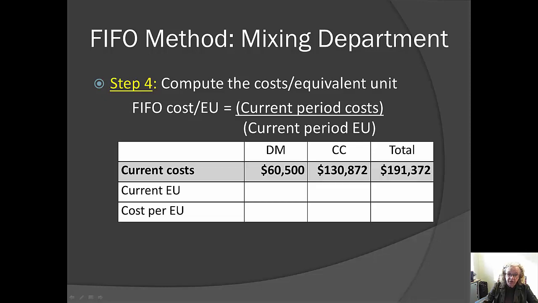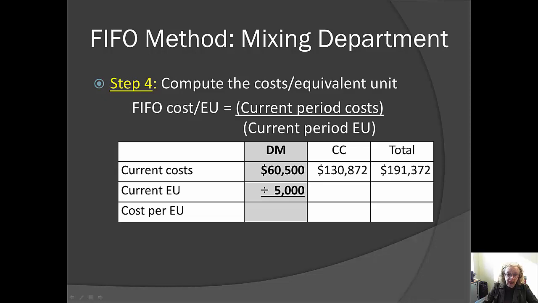So, the first thing I did was copy the costs for materials and conversion and the total for current costs in this period only. That came from step 3. Then I went back and took a look at the equivalent units for this period. That came from step 2.